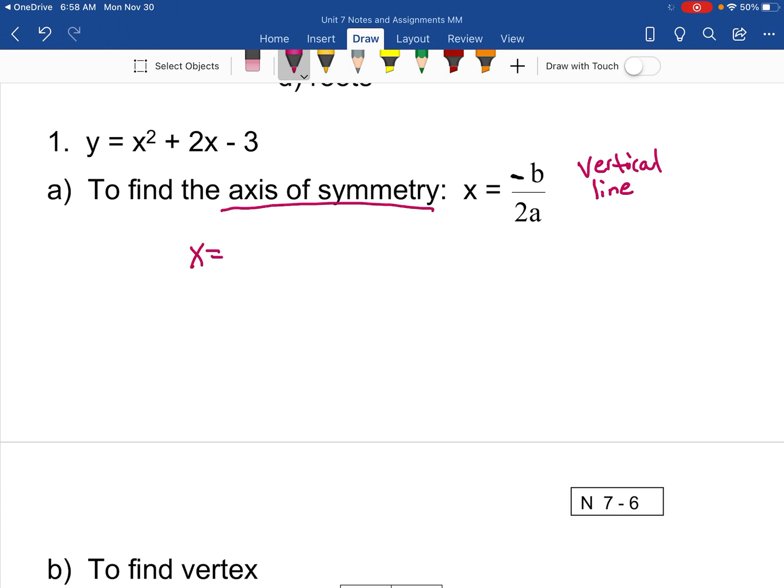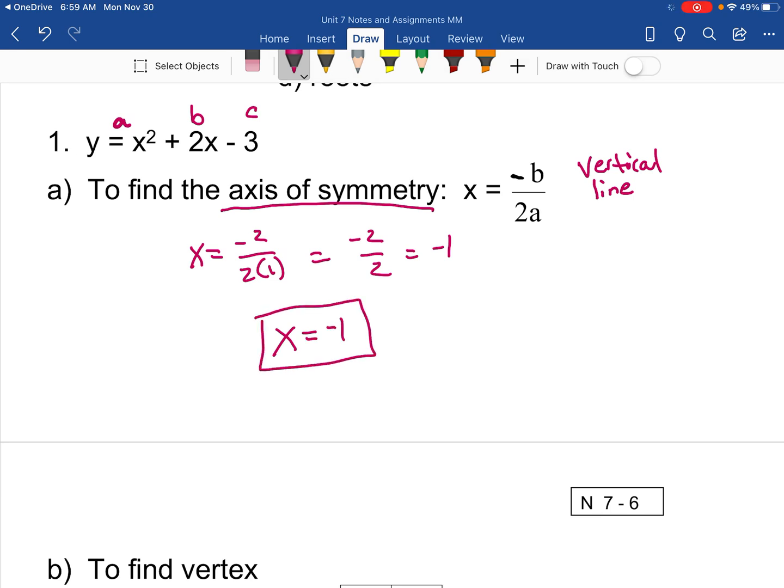Sometimes I like to write a, b, c: x equals negative 2 over 2 times 1. It's negative 2 over 2, which becomes negative 1. So x equals negative 1 is the axis of symmetry. First step, find the axis of symmetry. Done.